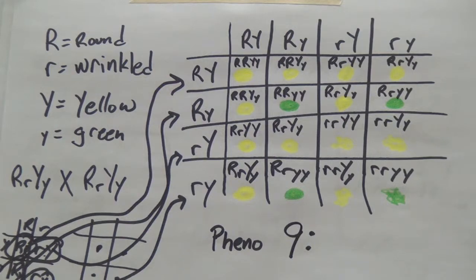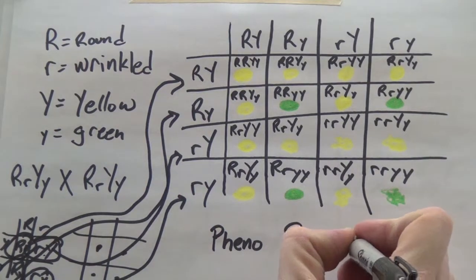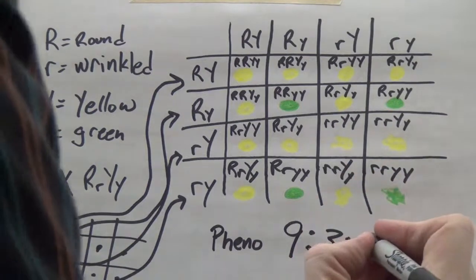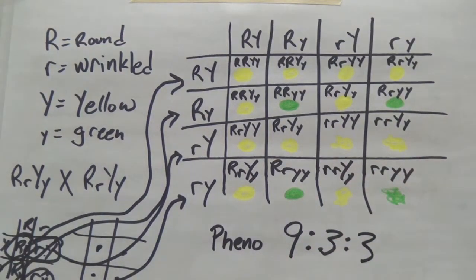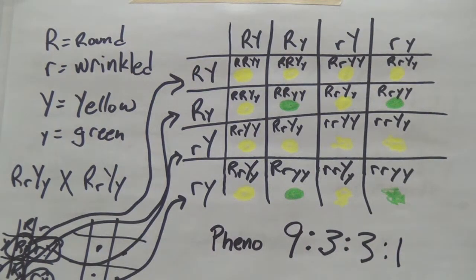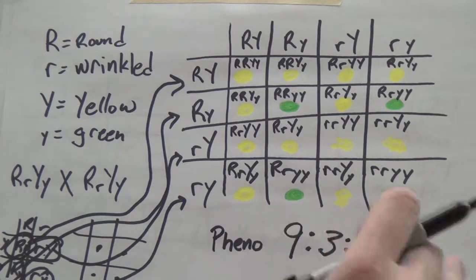Right? How many round greens do you have? 3. How many wrinkled yellows do you see? 3. And how many wrinkled greens do you see? 1. Always a good way to check: I have 16 possible outcomes, and my ratio adds up to 16.